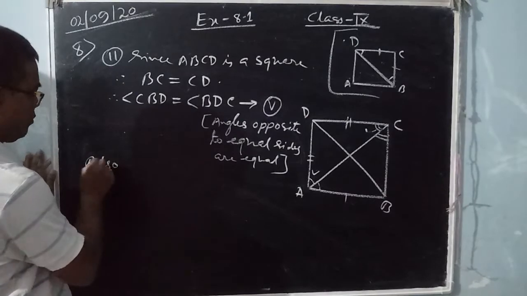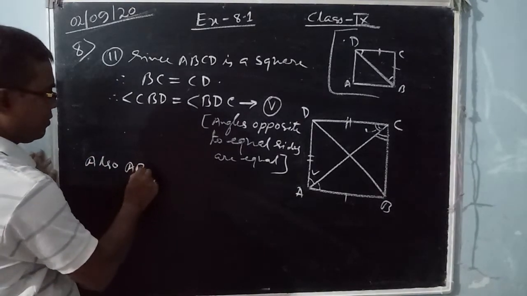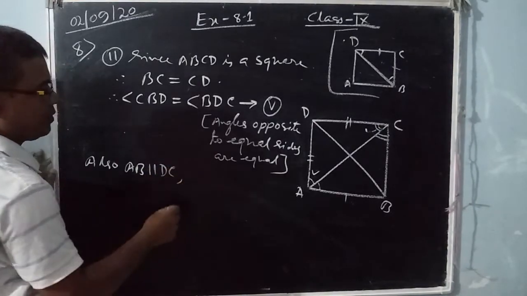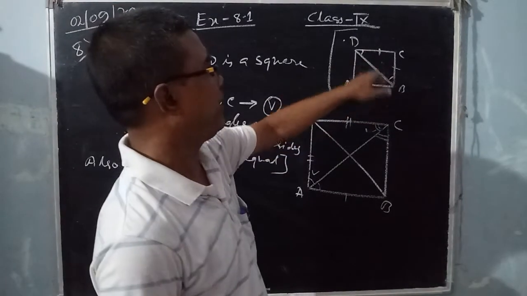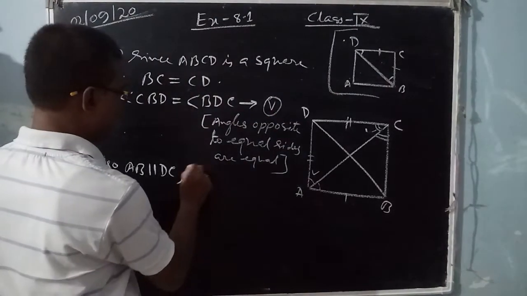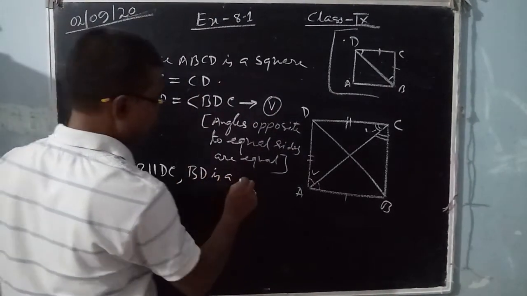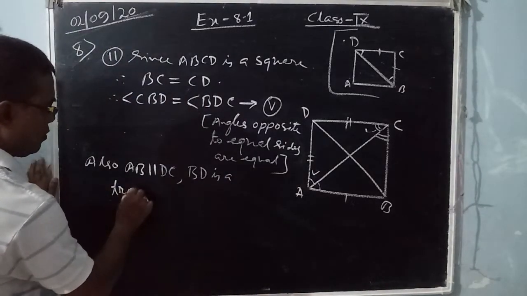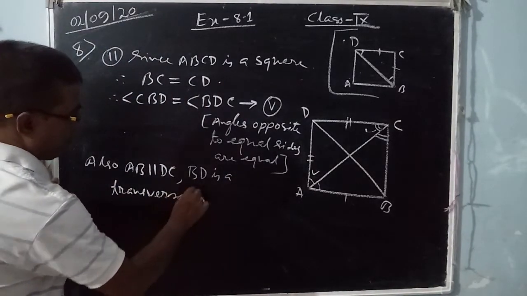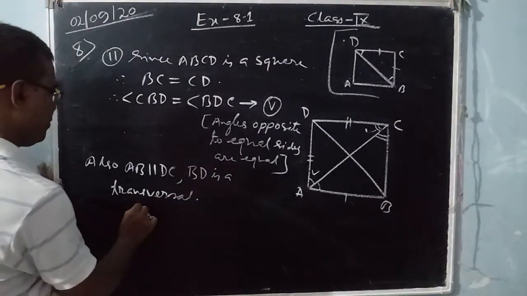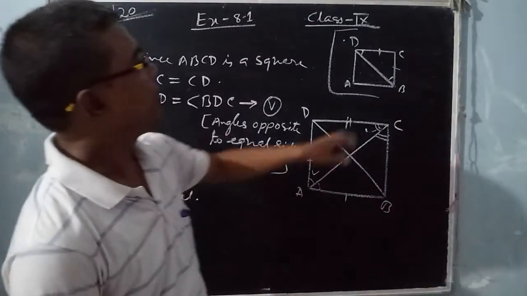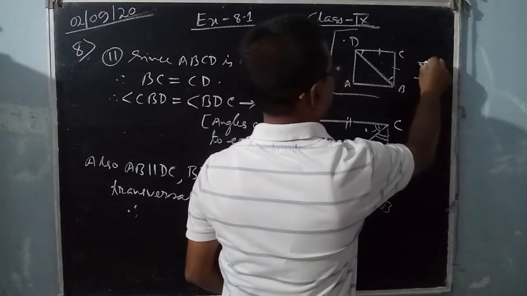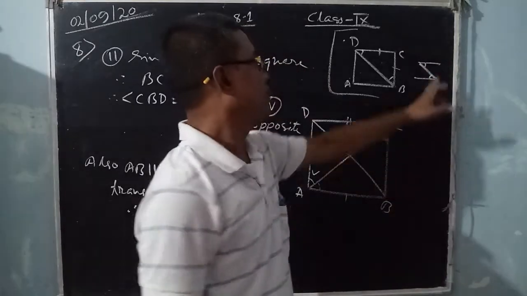Also, AB is parallel to DC, since opposite sides of a square are parallel, and BD is a transversal. These two are parallel and this is a transversal, so these two angles are equal.